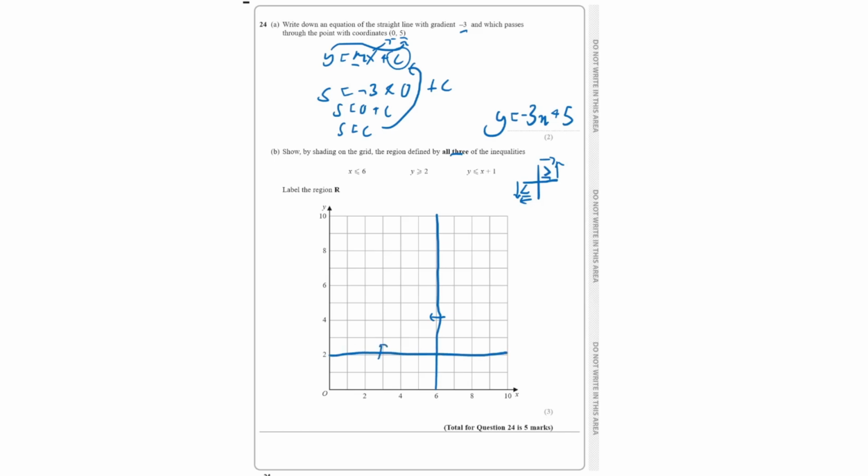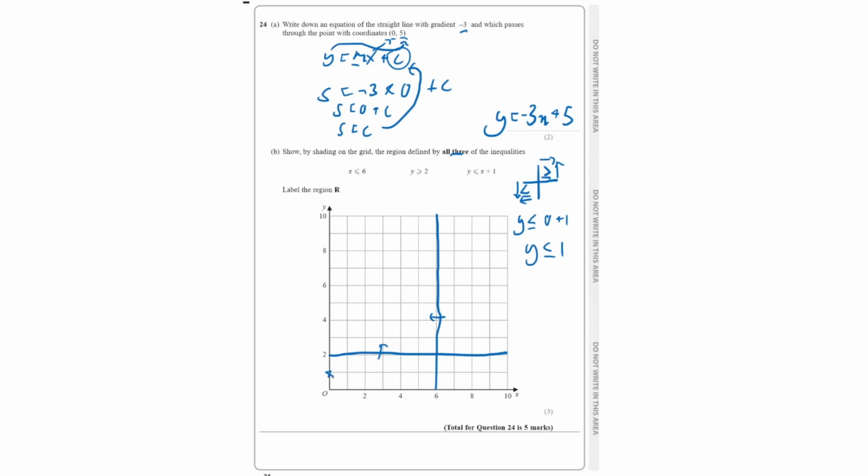y is less than or equal to x plus 1. So what does that mean? That means when we input a value for x, it changes y. So let's start off with x is 0. 0 plus 1. That makes y less than or equal to 1. So that means when x is 0, y is 1. We can put a cross here.